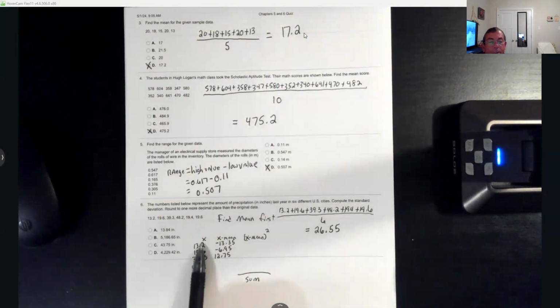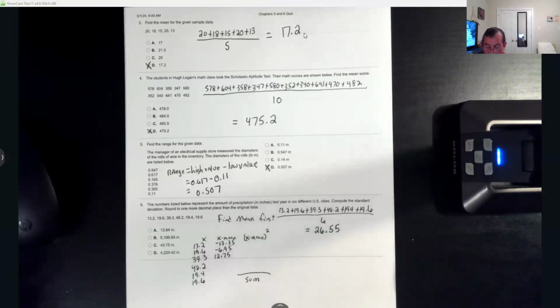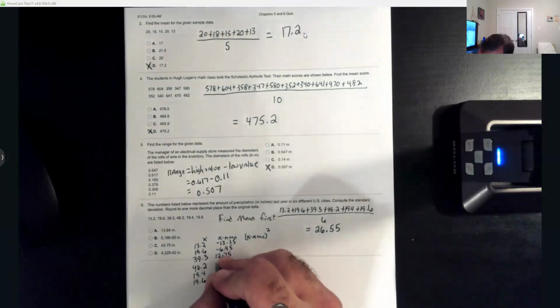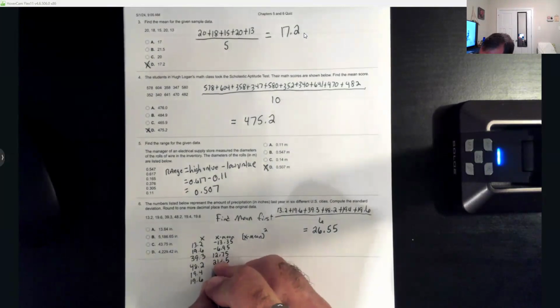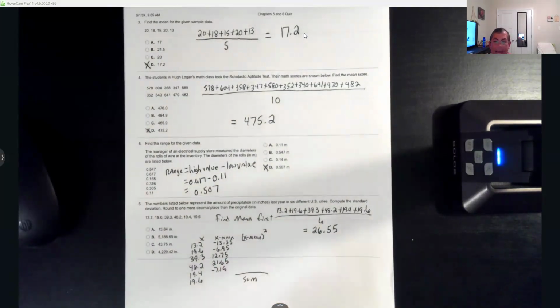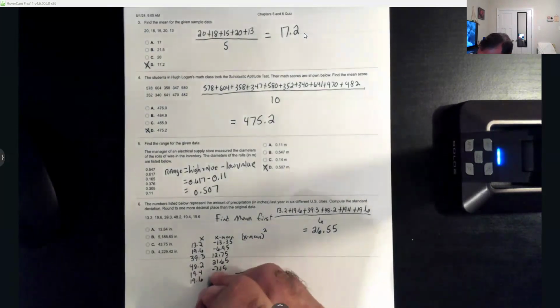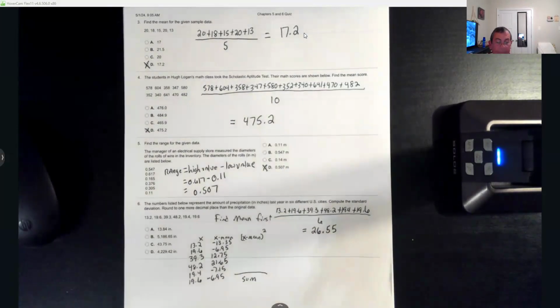So if you notice, the numbers that are below the mean will give you negatives. The numbers that are bigger than the mean will give you positives here. All right, y'all, 48.2 minus 26.55 equals 21.65. 19.4 minus 26.55 gives us negative 7.15. And y'all, my last one, 19.6 minus 26.55 gives me a negative 6.95.